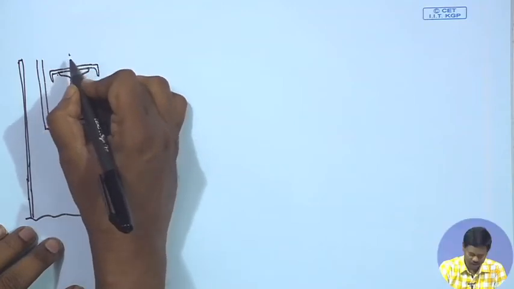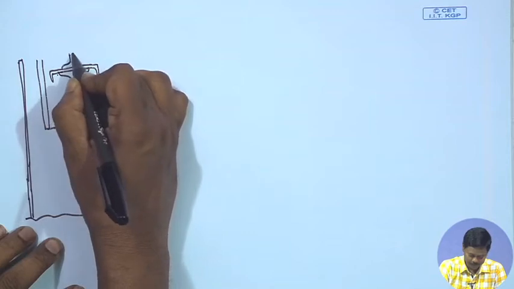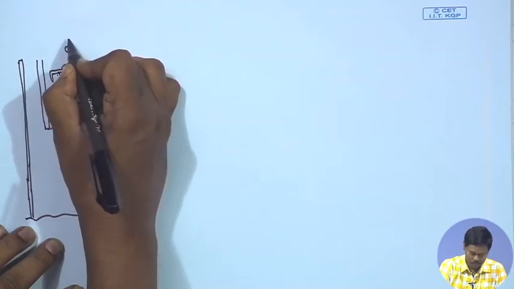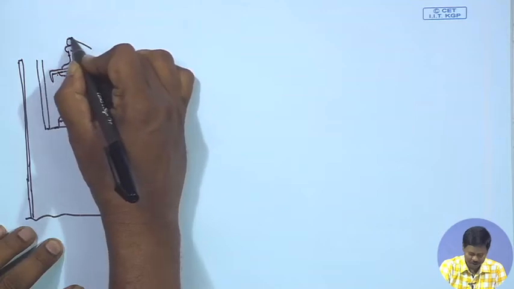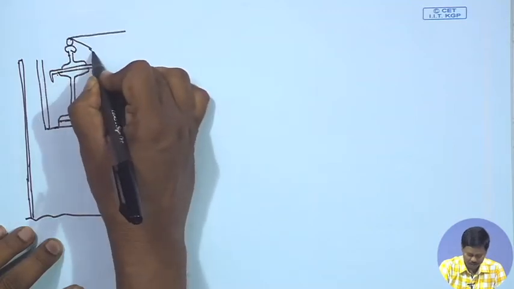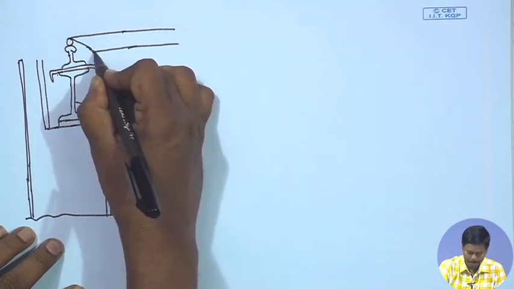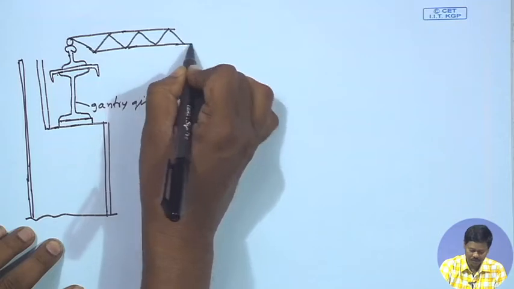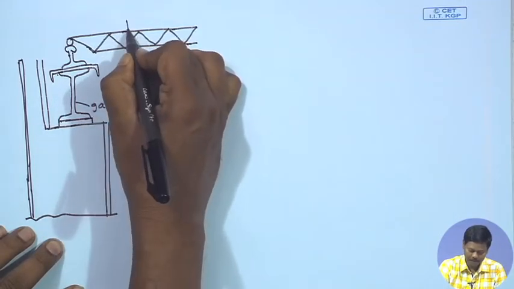So, the crane wheel will be here, say for example, from which the crane girder will be connected, right. So, this is the crane girder from which the trolley is kept.